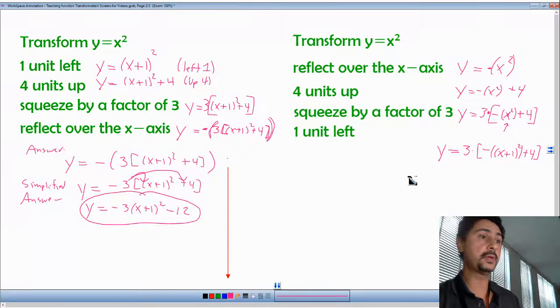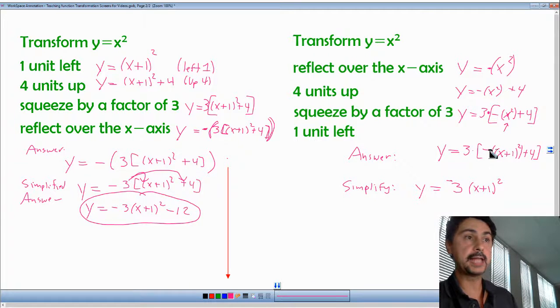So what we end up with, now this is an answer, and I know it's a funny answer, and it is correct, but the best answer is to simplify. And you will get y equals, I'm going to multiply the 3, and I get a negative 3 times x plus 1 squared. And that 3 not only gets multiplied to the negative, making a negative 3 here, but that 3 gets multiplied all the way to the 4, and it becomes a plus 12.